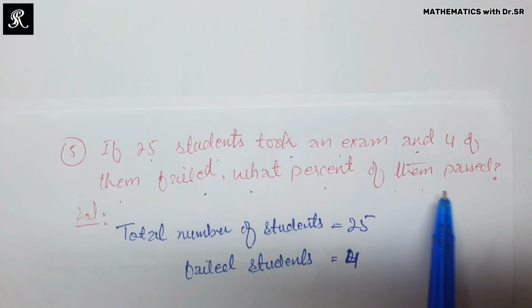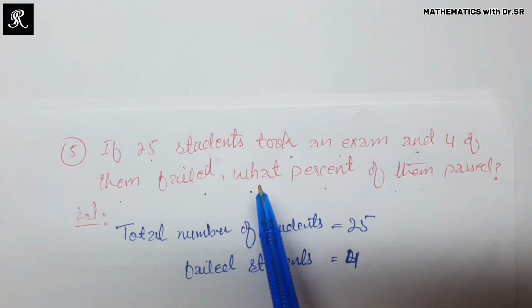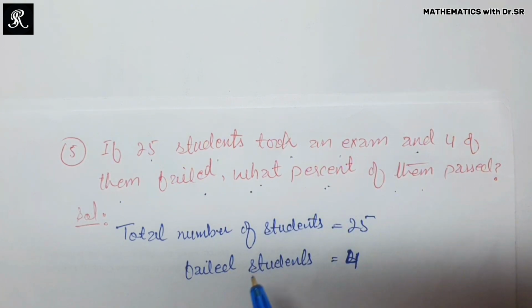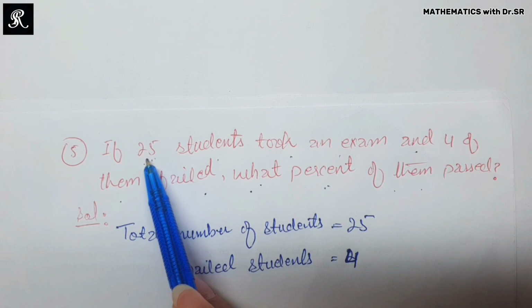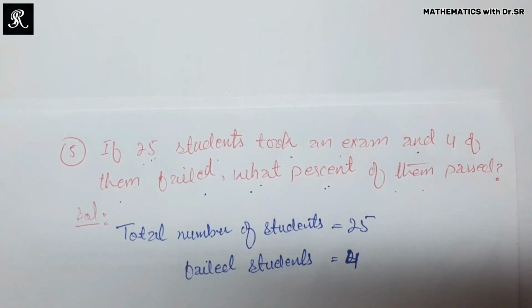What percent of them passed? Okay, now we need to know the number of students who passed. Then we will convert that into a percentage, that is, the percent of passed students out of 25. In total we have 25. So first of all we will find out the number of passed students.